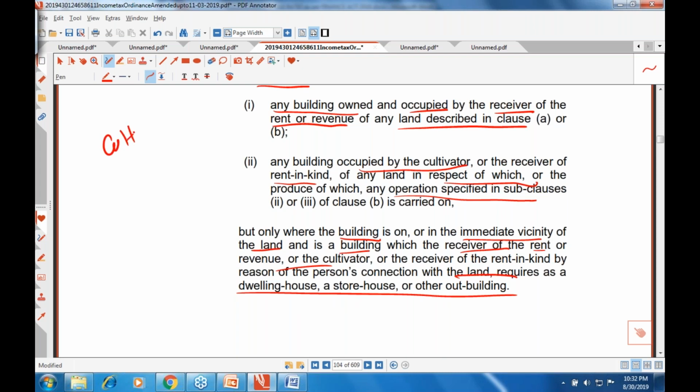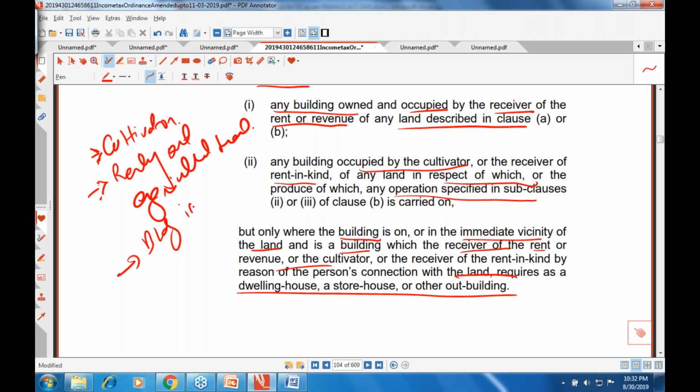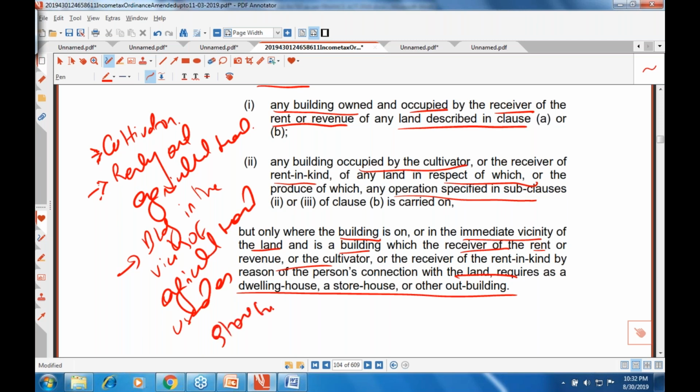Agricultural income is basically one received by the cultivator, or one received by renting out agricultural land, or by renting out a building in the vicinity of agricultural land used as a storehouse. Like for example, I have land on which I have constructed a very big warehouse.